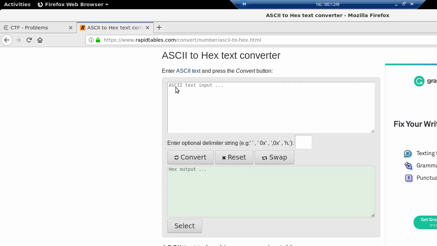Now you don't have to swap it, but what's interesting here is to see if the hex output is 0x41 or just 41, just for the fun of it. Convert, and it's 41. So I think we're ready to submit.